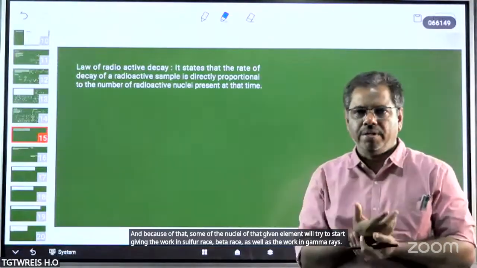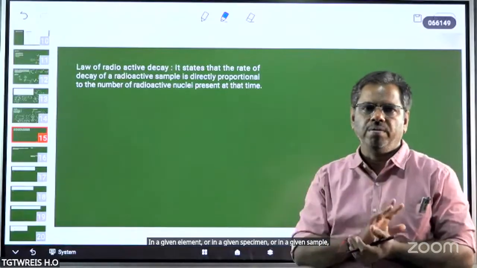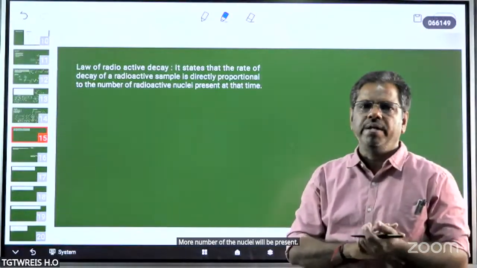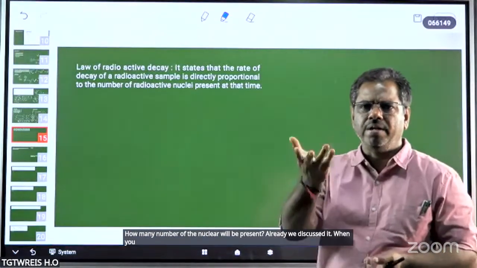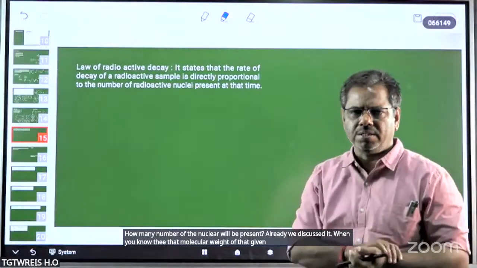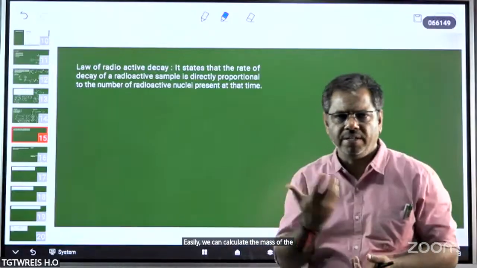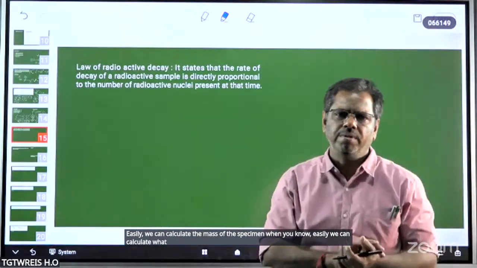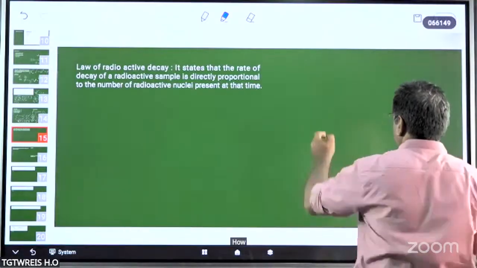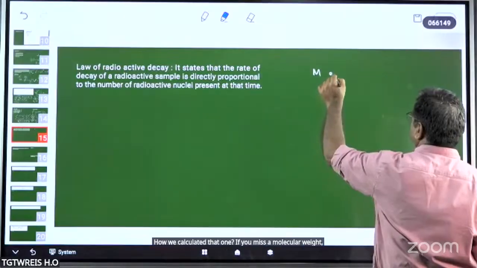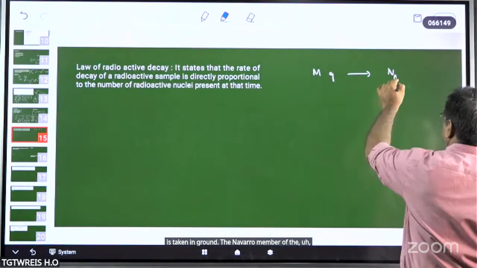In a given element or in a given specimen or sample, a large number of nuclei will be present. How many nuclei will be present? Already we discussed. When you know the molecular weight of that given sample, easily we can calculate the mass of the specimen, and easily we can calculate the number of nuclei present in the given sample also. How did we calculate that? If m is the molecular weight taken in grams, then Avogadro number of molecules will be present.